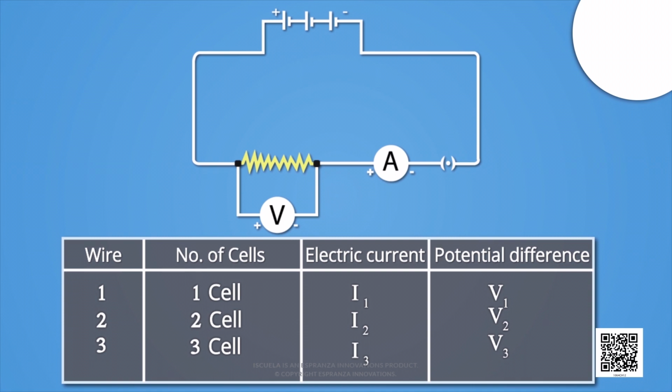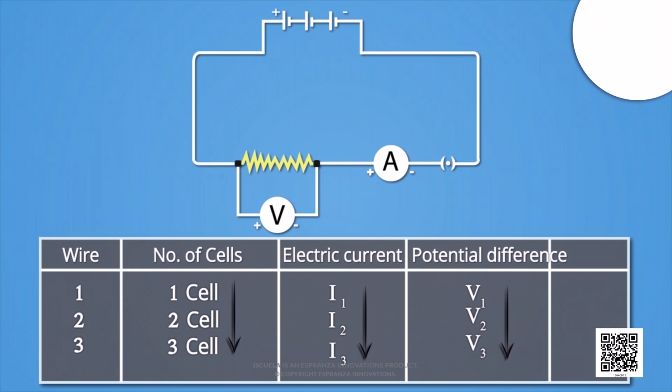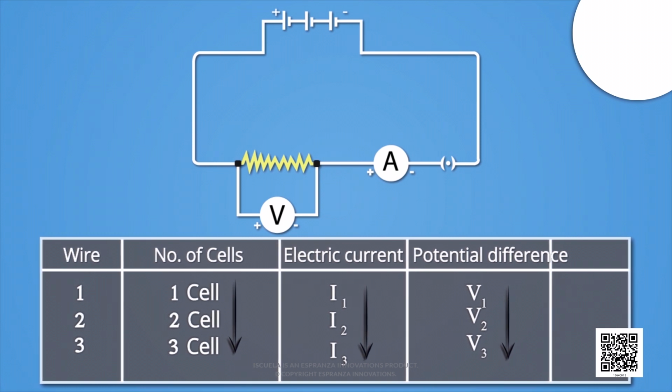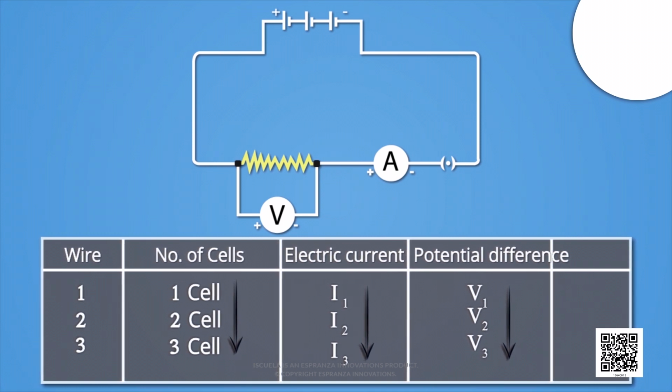Tabulate them as I3 and V3. You will notice that as the number of cells goes on increasing in the circuit, the readings of electric current I and potential difference V also go on increasing.